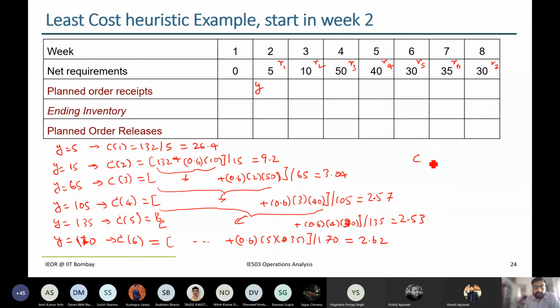Now C6 is greater than C5, so we stop and we say y is equal to R1 plus R2 plus all the way to R5. So my y comes out to be 135. So that's my value of y.